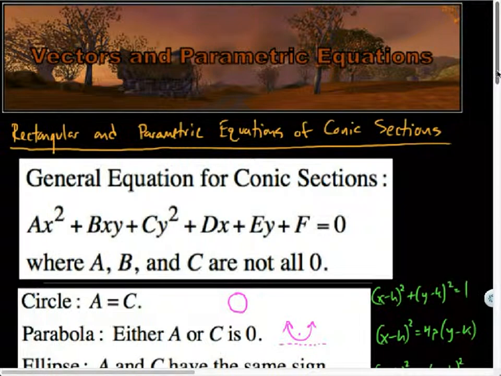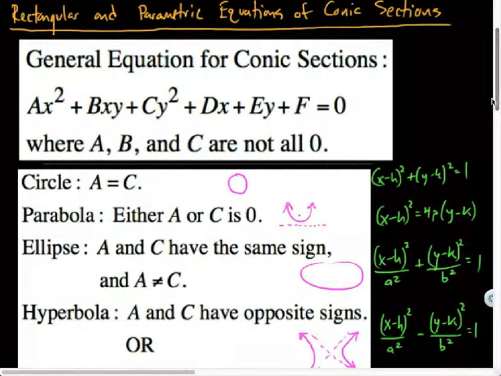Well, anyways, today we're talking about rectangular and parametric equations of conic sections. That's right, we're combining our concept of parametric and our concepts of conics together. So instead of just having an object moving along a straight line path or an object moving along a parabolic path, which we did with modeling motion of projectiles, now we could have an object moving along a circular path, say like an electron.